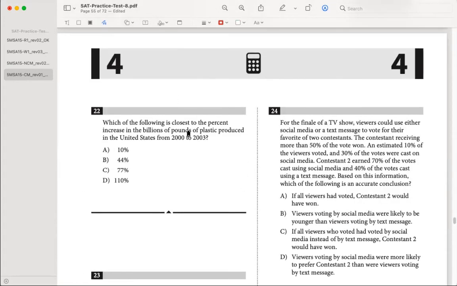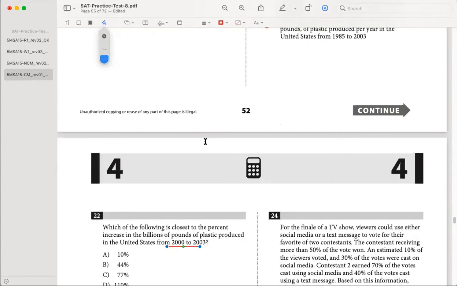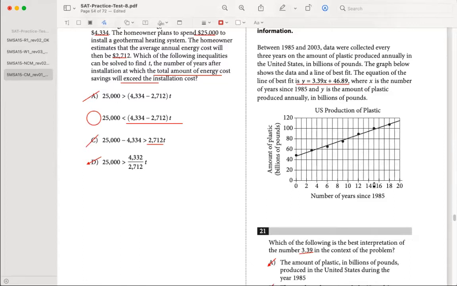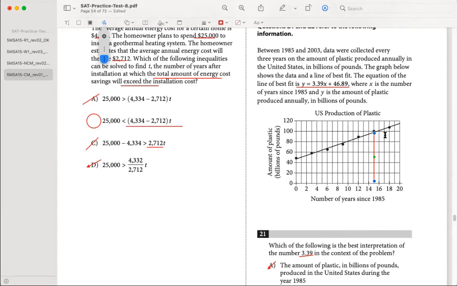Okay, which of the following could be the closest percentage increase? 2000, 2003. Let's see. So around here to here.